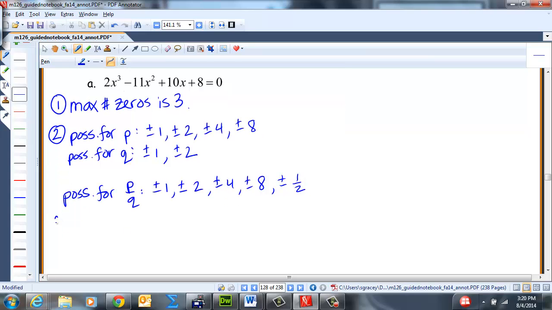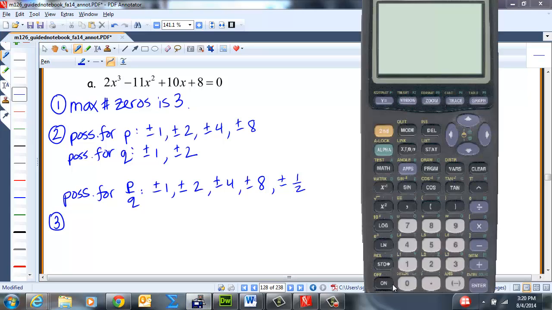So now, doing a graph to see which ones will work out, which one we should try. So let's go to y equals, and we'll clear it out. So 2 times x cubed minus 11 times x squared plus 10 times x plus 8.